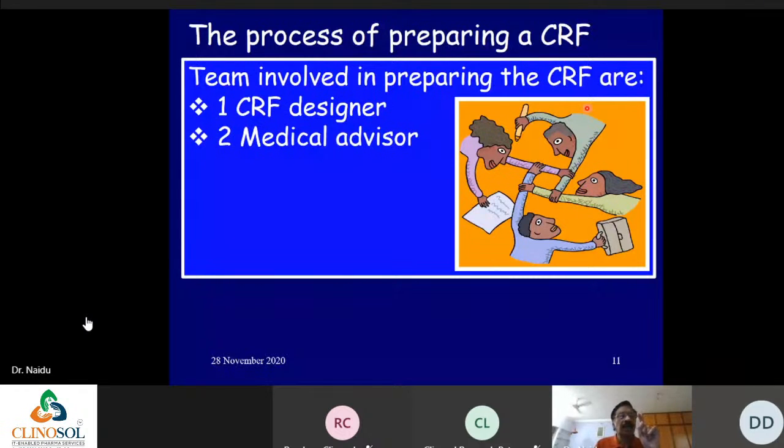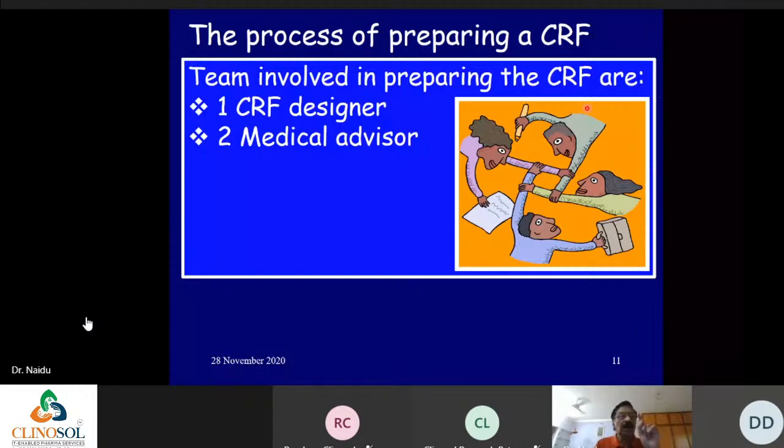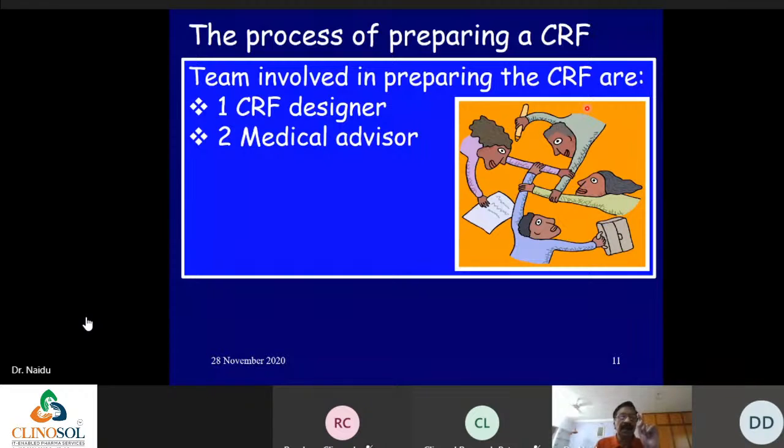For example, if you are doing a study in cancer, I need a medical advisor trained in cancer, or diabetes. Definitely I need a clinical monitor, because he goes to the site and does many monitoring activities, so he should also be a part of preparing the case record form.